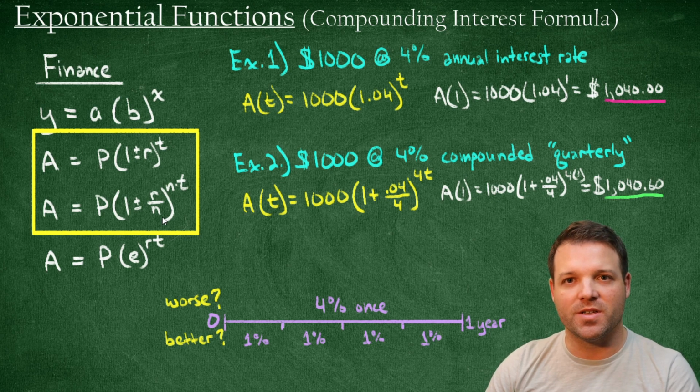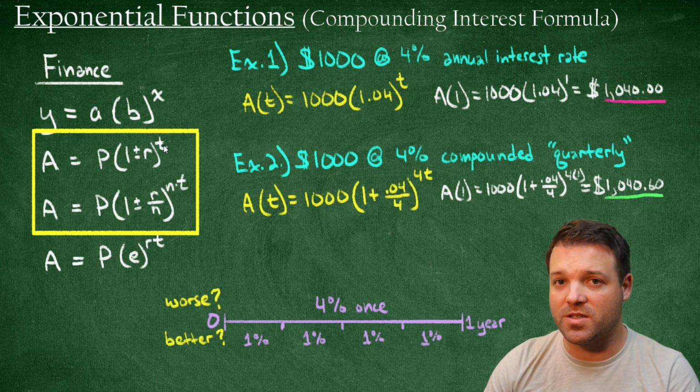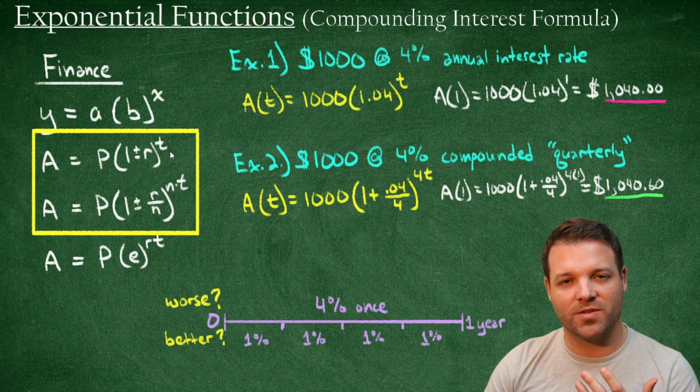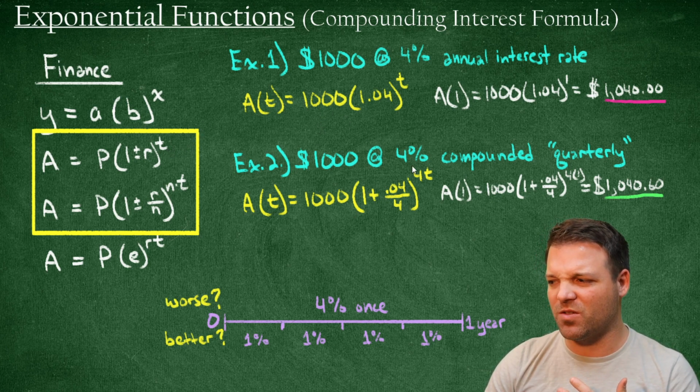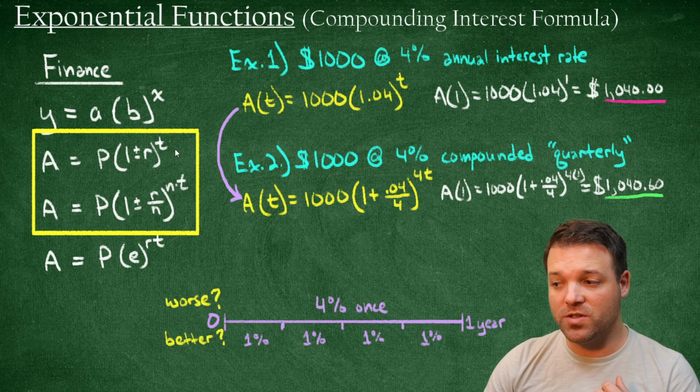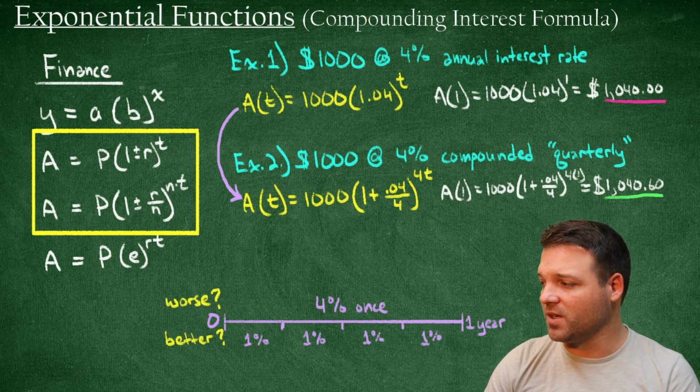The only difference is that in the finance world, they typically lock that t in to stand for the number of years. But if we allow t to be any increment of time that we want, let's rethink this second problem, the compounding interest one. Let's see if we can write this compounding formula using the simple interest formula. So let's go ahead and do it.